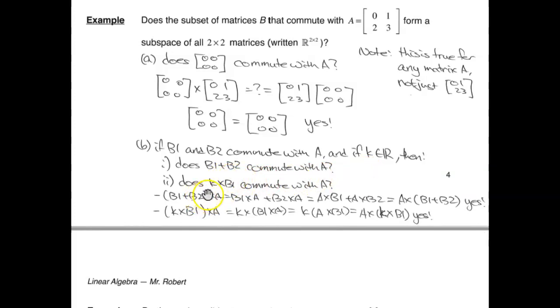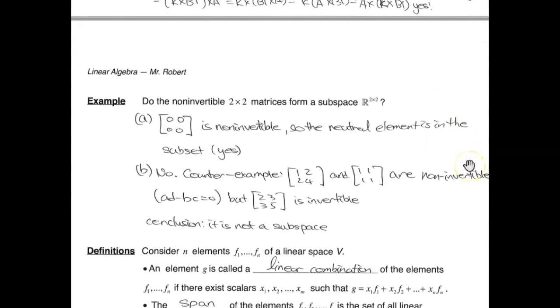Is it true that multiplying one of them with a scalar will still commute with A? And the answer is yes. So here are the steps that you can study on your own when you copy the notes. By the way, this is true of any matrix. This is not a special matrix 0, 2, 1, 3. For any matrix A, the matrices that commute with it form a subspace.